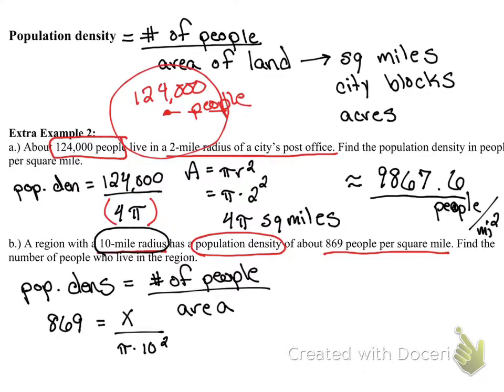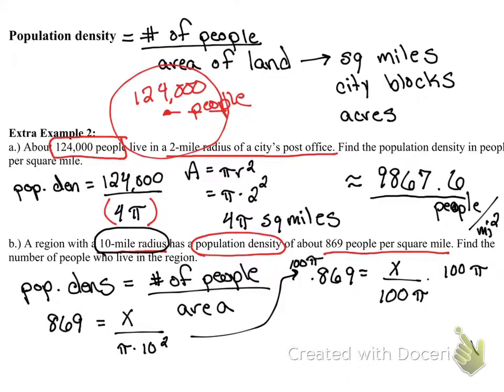So if we simplify, we'd have 869 equals x all over 100 pi. Now we need to multiply both sides by 100 pi. So those cancel. Then x would be approximately 100 times pi times 869, which is approximately 273,004, and that is the number of people that live in that area.